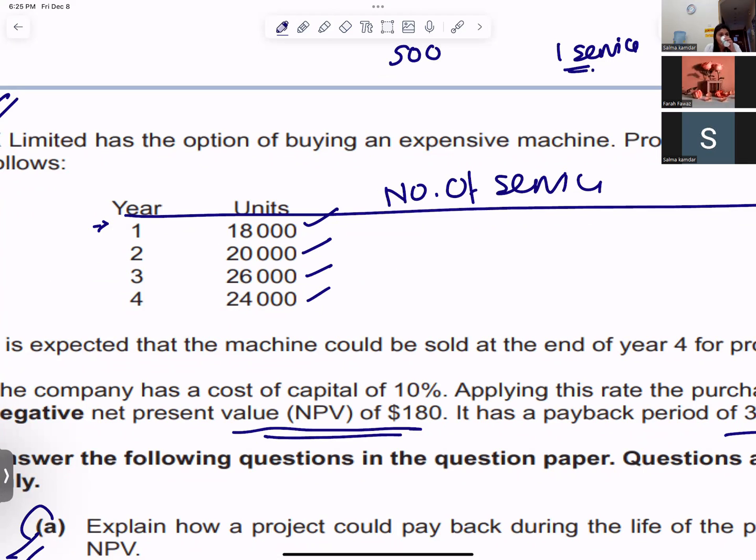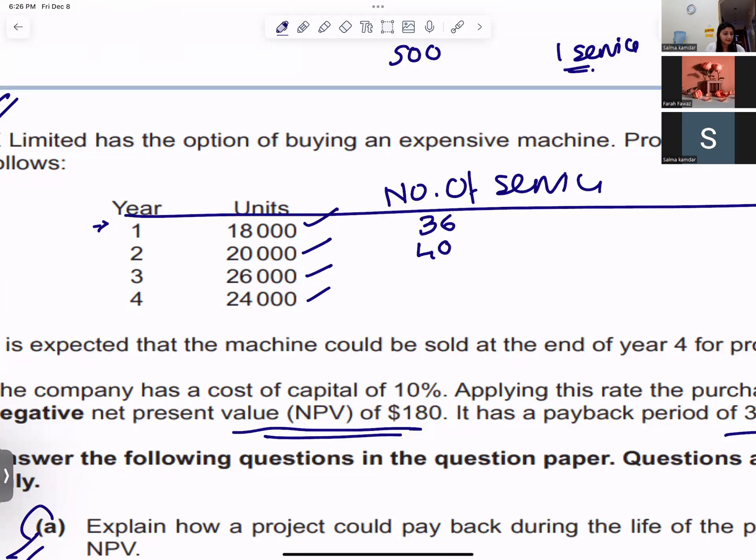36 services. How much? 36. How? 18,000 divided by 500. Yeah, so in the first year, I would need 36 services. In the second year, 40.